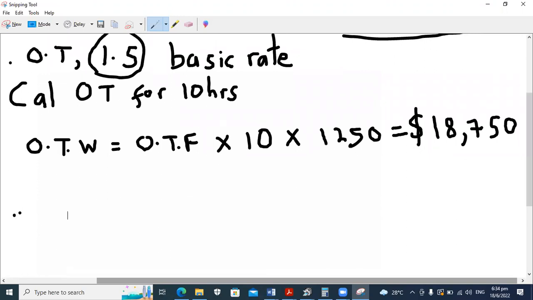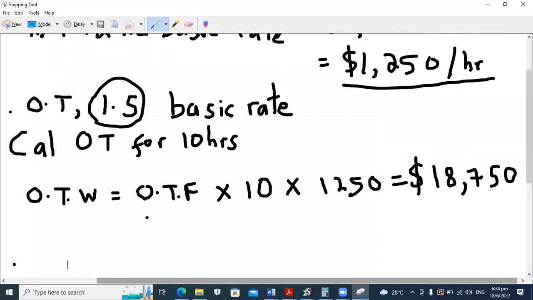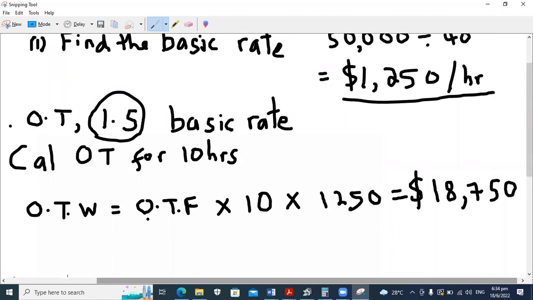All right. Let us say that this mechanic works overtime, meaning that he works beyond contracted hours. Overtime gives you a bonus on the rate that you normally work. In this case, overtime is time and a half, which is the same thing as 1.5, times your basic rate.